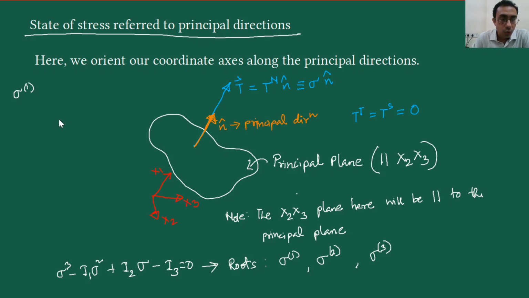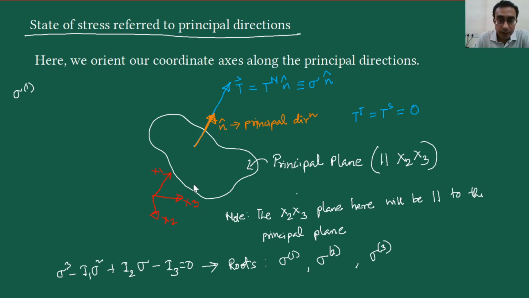So what about sigma 2 2? Just like we have taken the principal direction like this, another principal direction would be perpendicular to this, and we are going to orient another coordinate axis, maybe the x2 axis, along that direction.